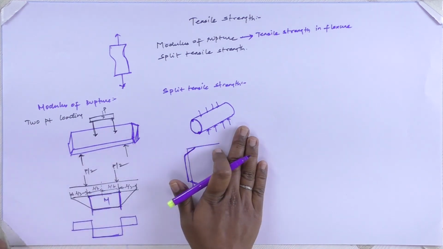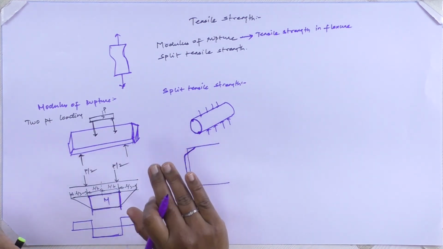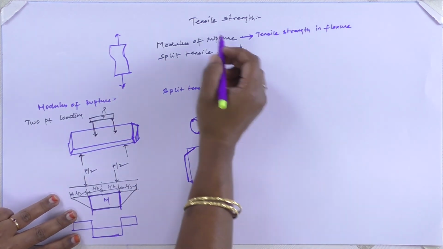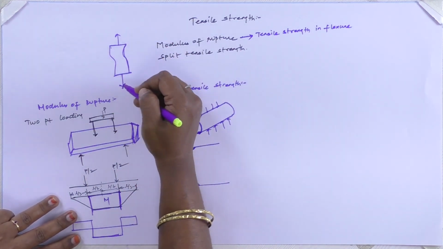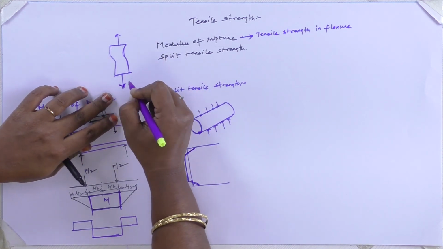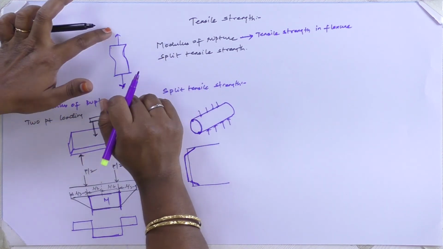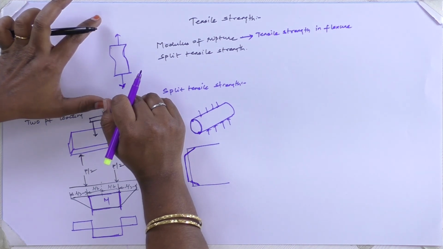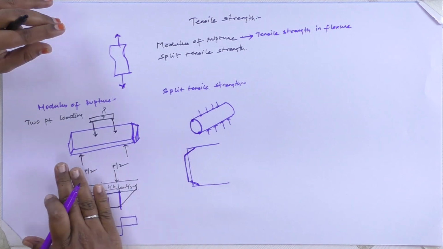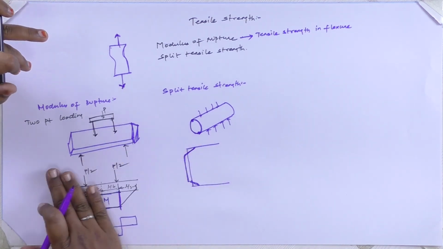This modulus of rupture and split tensile strength are both indirect measurements of tensile strength of concrete, since in the direct testing mechanism, gripping of material is a problem, so I am going for indirect measurement.